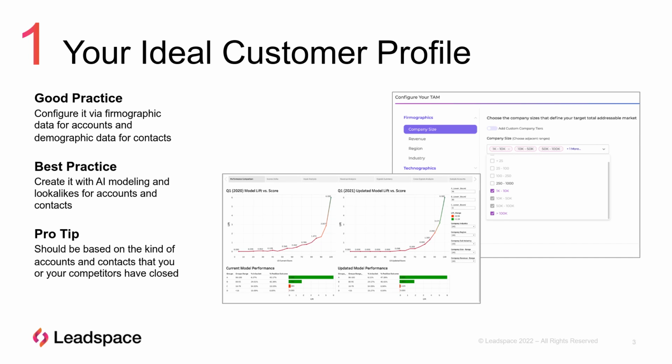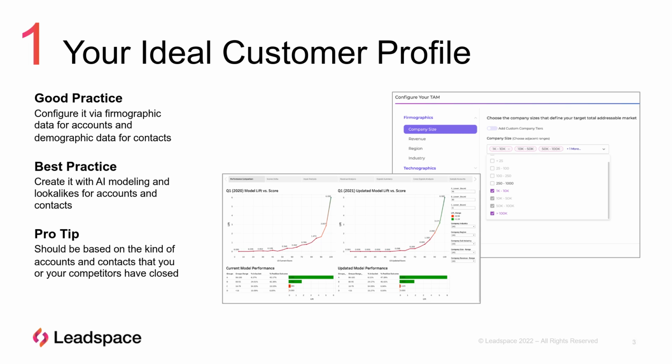So the first thing, as I mentioned, is we start with the ideal customer profile. Now, that's a question that typically someone is asked, and they say, oh yeah, we definitely know our ICP. Or secretly inside, you might be saying, well, it's like this size of company, and people in this kind of industry, that sort of thing. And that's a good practice, right?